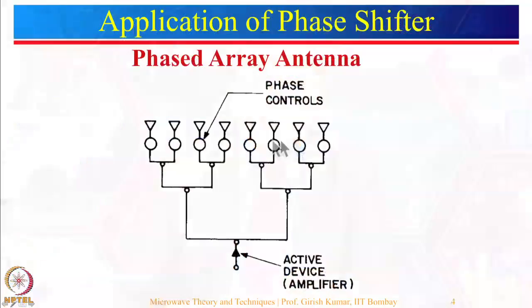In fact, in this particular case antenna is not at all moving, it is only the phases behind the antennas which are changing. So, just by changing the phase difference of these elements, we can scan the beam in this particular direction. Of course, this is an example of a linear array. One can use planar phased array antenna. In that particular case, one can scan the beam in this direction as well as in this particular direction.